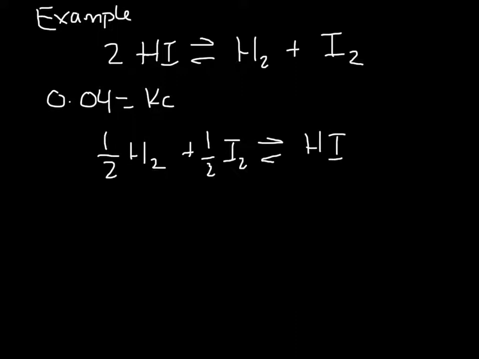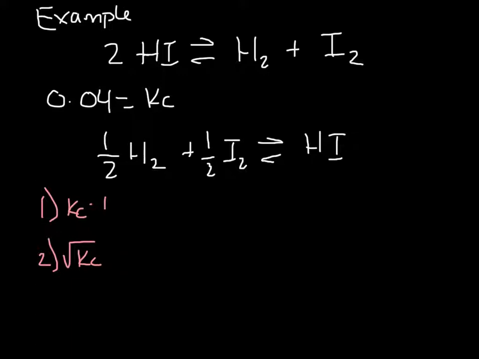So two things have happened. We have an inverse reaction and we have a half reaction. So two things are going to need to happen. We have the reverse, so that means we need to take the Kc inverse, and we halved everything, which means we need to take the square root of Kc.